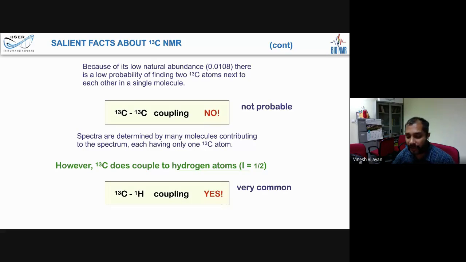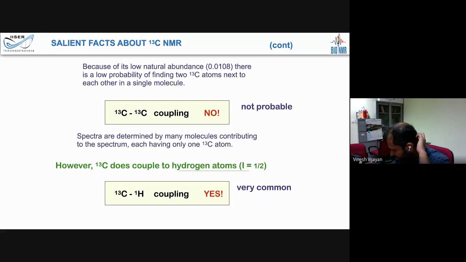But 13C-1H coupling is there. It's very common, because the hydrogen is abundant. For aliphatic carbons, unless you have a quaternary carbon, every carbon is attached to a hydrogen.